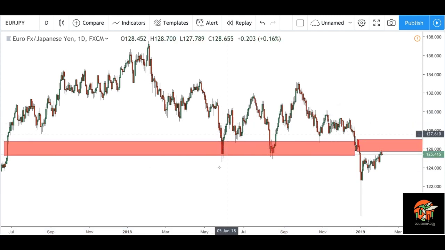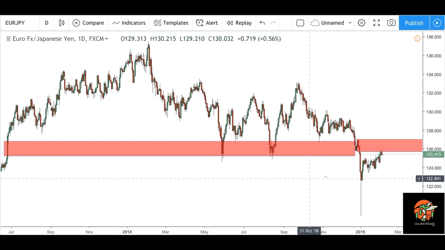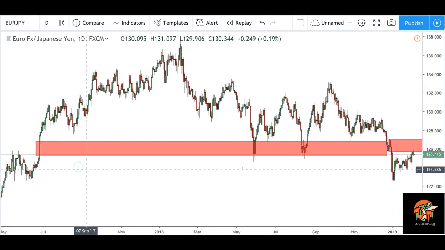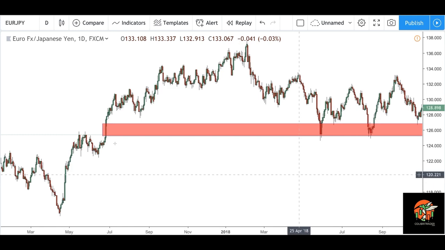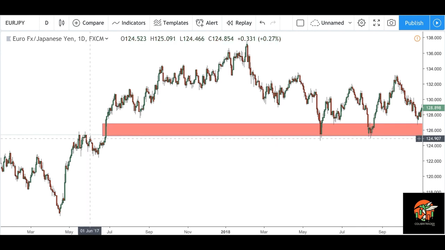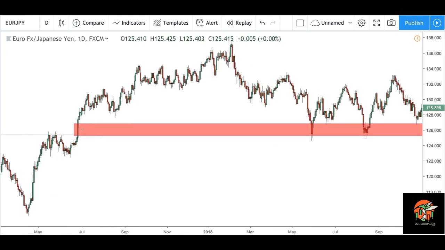Again, very big green and red candles, and if we go back in time, you're going to see that this is the beginning of a previous support level, which was formed by those highs here. Initially it used to be a resistance, but then it was broken by this big green candle, and then retested by this bearish rejection candle here.